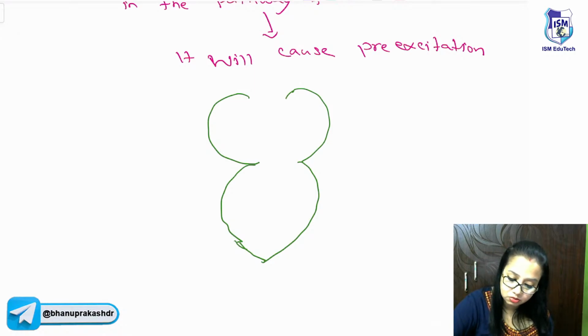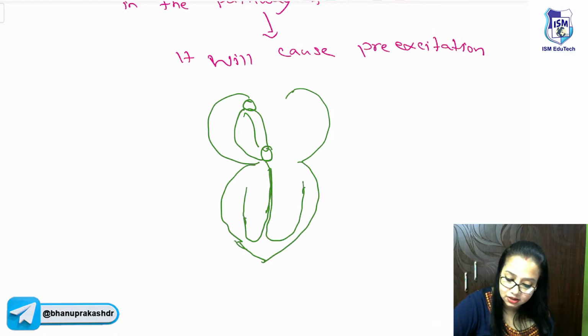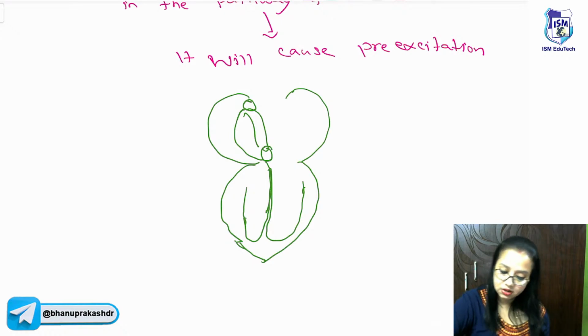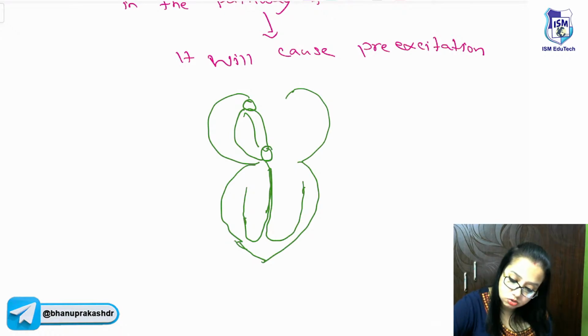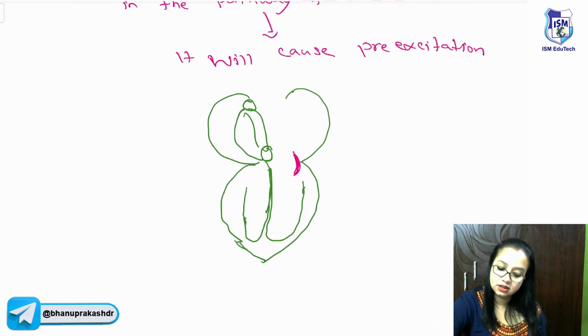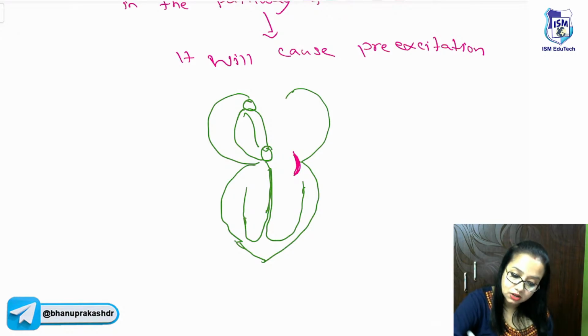Now here what we know, from the SA node to the AV node, the impulse is transmitted and this impulse is passed onto the left and the right side via the bundle of His and Purkinje fibers, and then it dies off. Now if there is an extra bundle, an accessory bundle, which has been generated here in the left lateral region, what will happen?